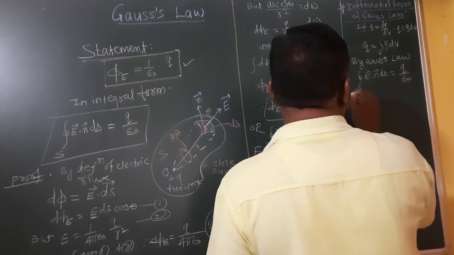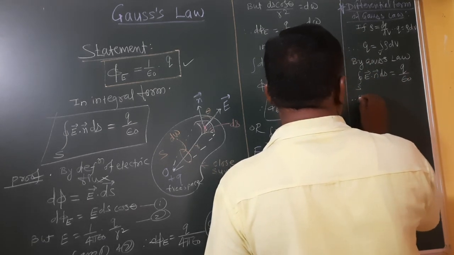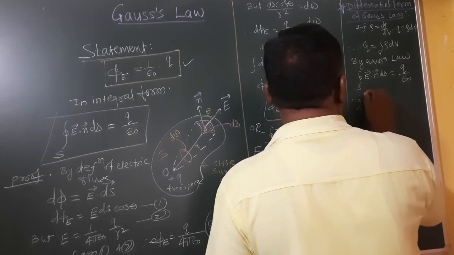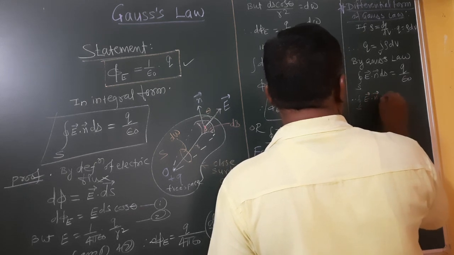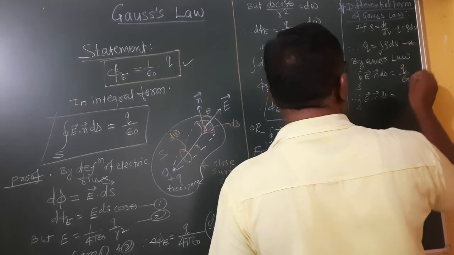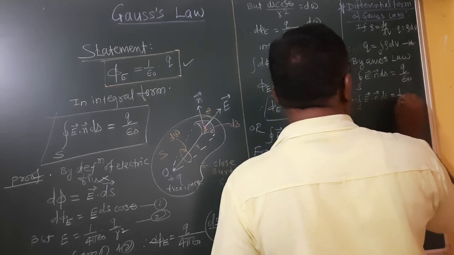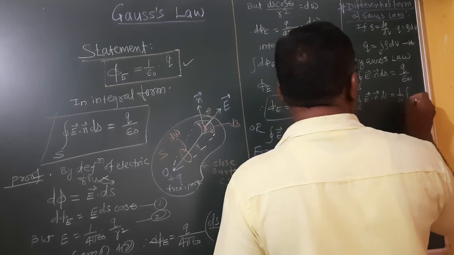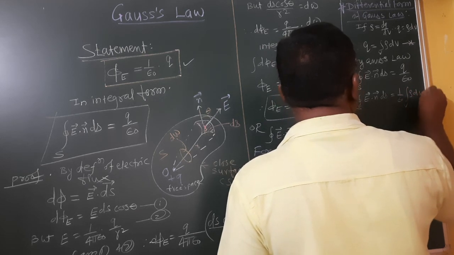What is the value of q here? q is nothing but the volume integration of rho into dv, so the surface integral equals 1 upon epsilon naught times volume integration of rho into dv.